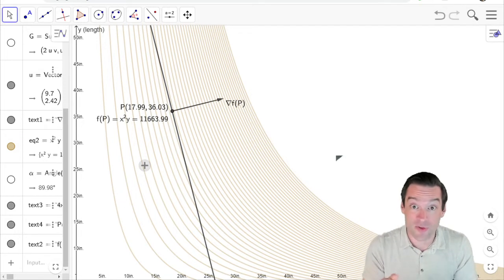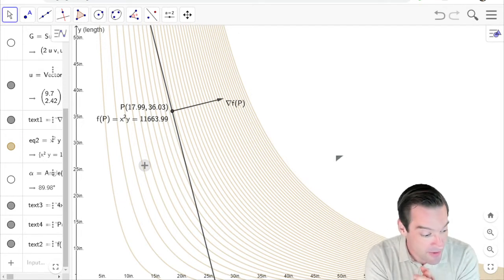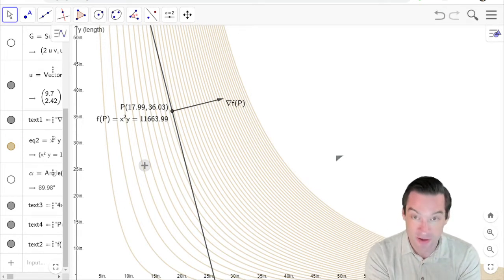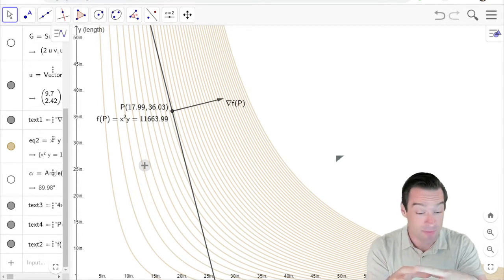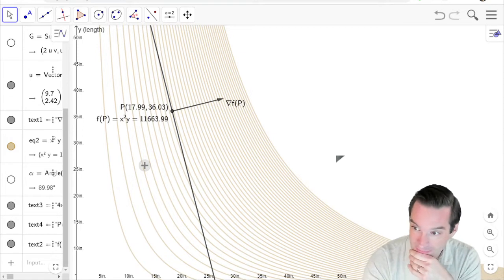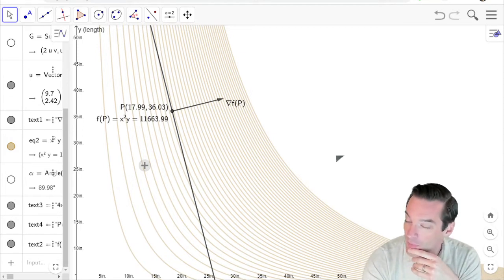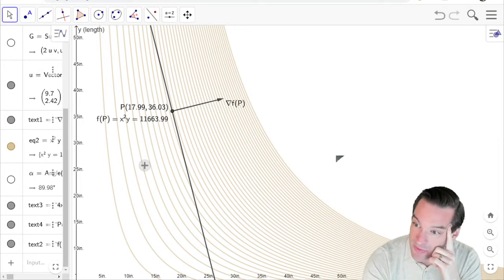I have to walk along this black line, right? And so if I'm at a point where my gradient vector, my compass, is pointing me uphill, but I can only walk upwards or downwards along this black line, what is the relationship between the gradient vector of f and the constraint line itself at that point?